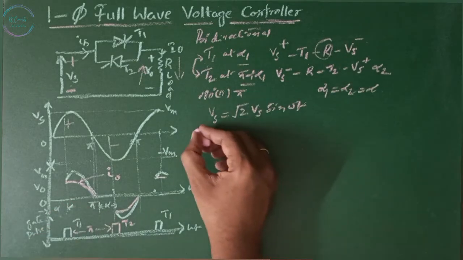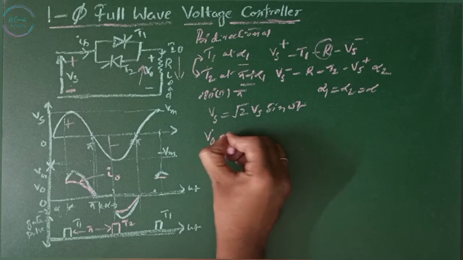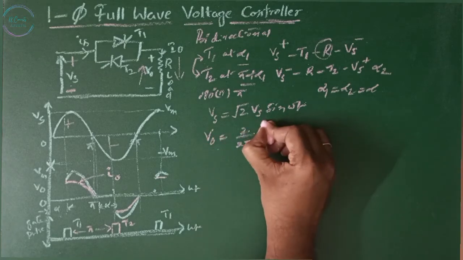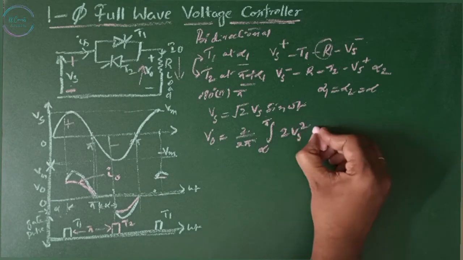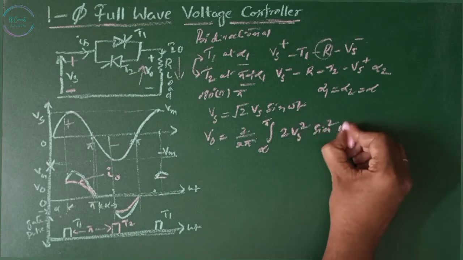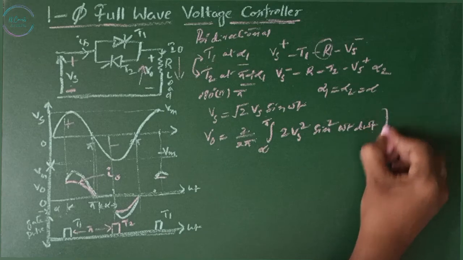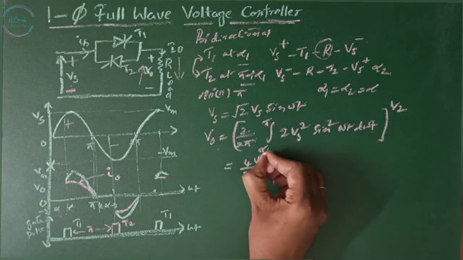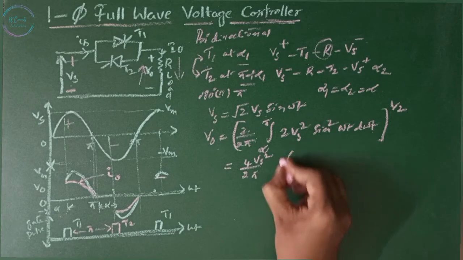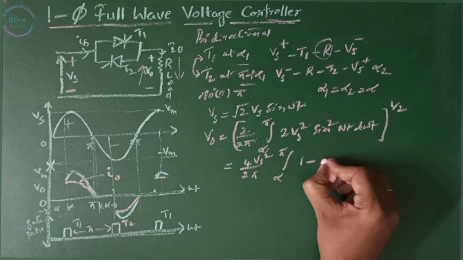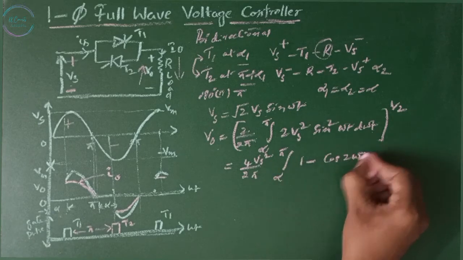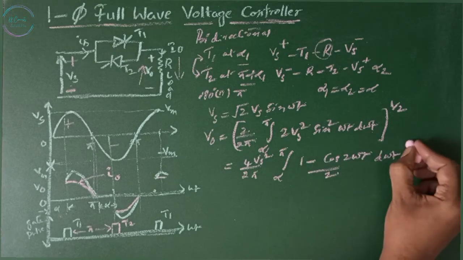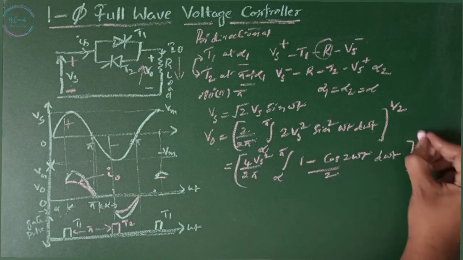Now the RMS output voltage V0 is given by the square root of 2 by 2 pi integral alpha to pi of 2 Vs square sine square omega t d omega t, which is the square root of 4 by 2 pi Vs square integral alpha to pi of (1 minus cos 2 omega t) by 2 d omega t.